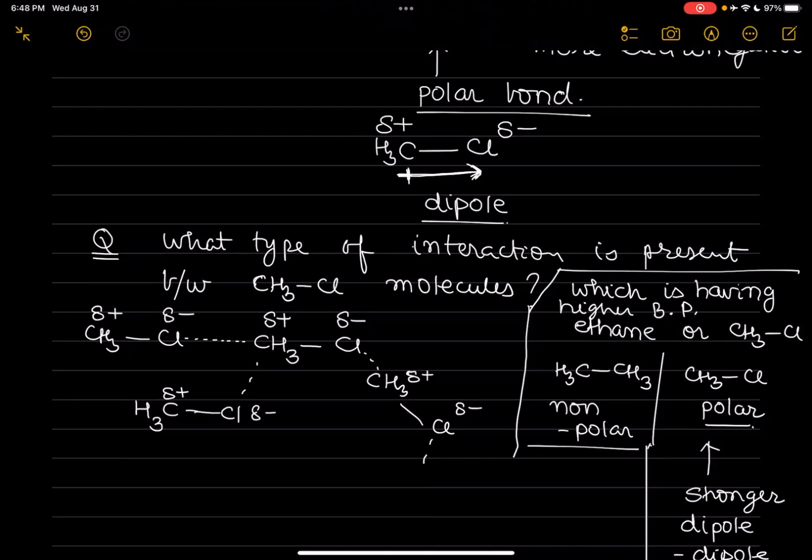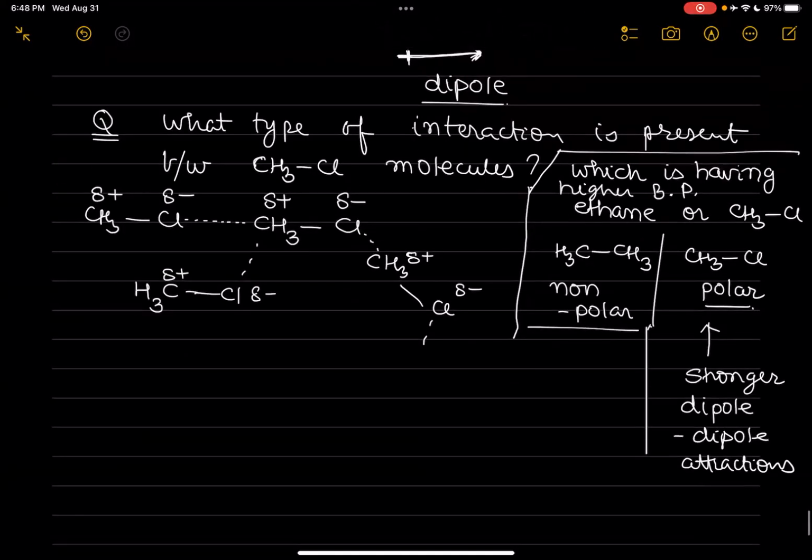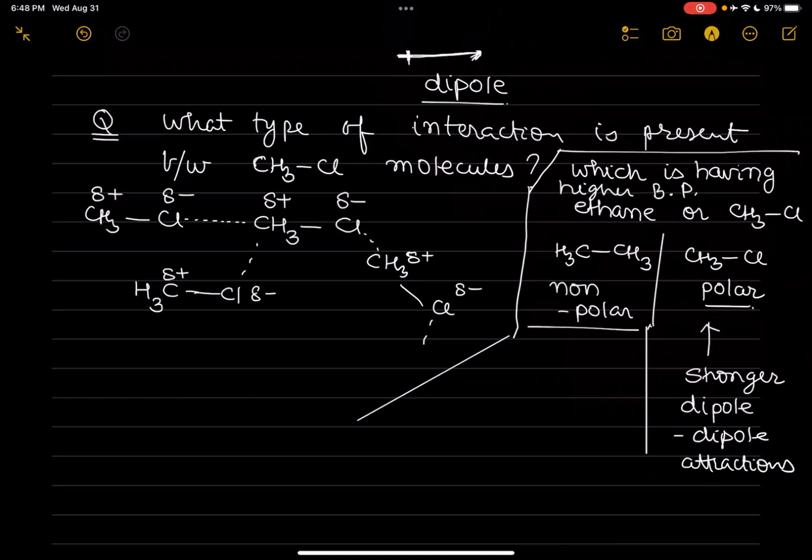Permanently it doesn't have a dipole moment, but because the electrons are moving, at one moment of time the electron can come on one side. So CH3CH3 can have a temporary instantaneous dipole. But that is going to be very weak, and it will disappear in just a fraction of a second.